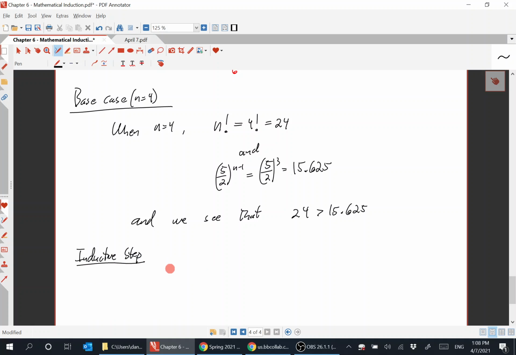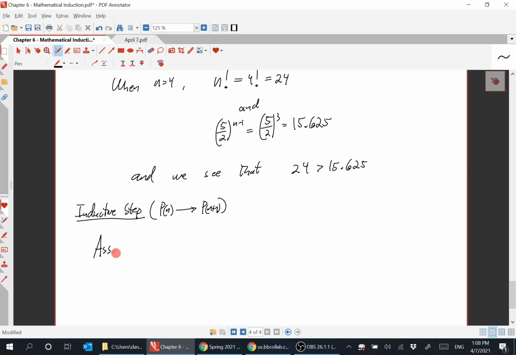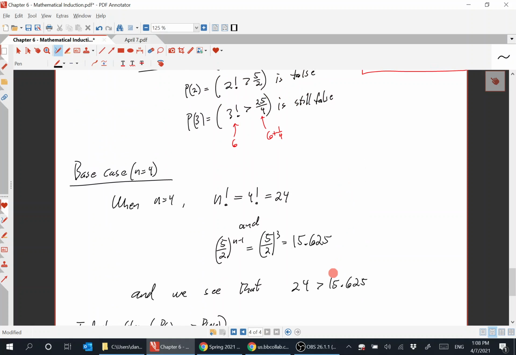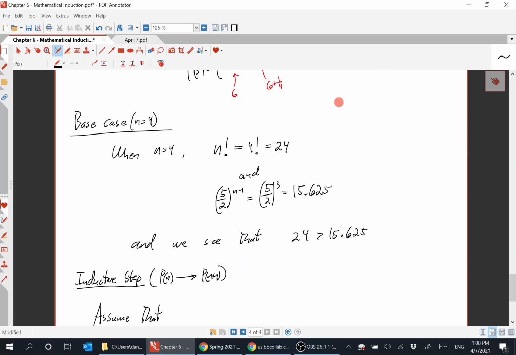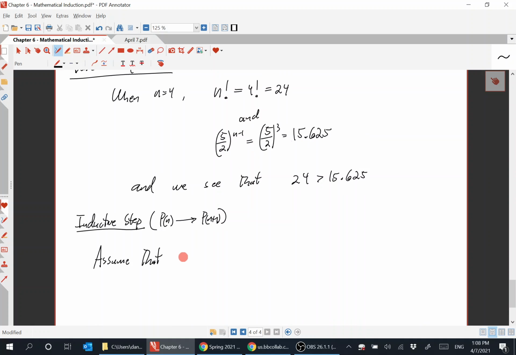Okay, a few little twists on the inductive step here. So again, we're trying to show that Pn implies Pn plus 1. So assume that, so what is the statement? N factorial is bigger than 5 halves to the n minus 1 for some n in our domain.